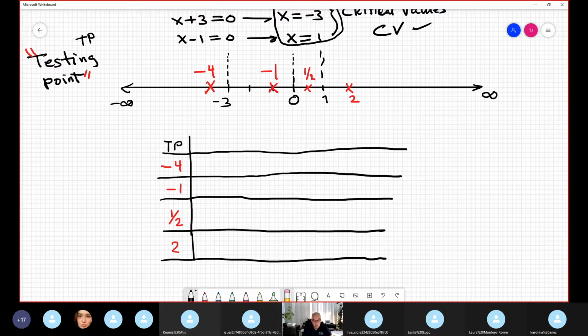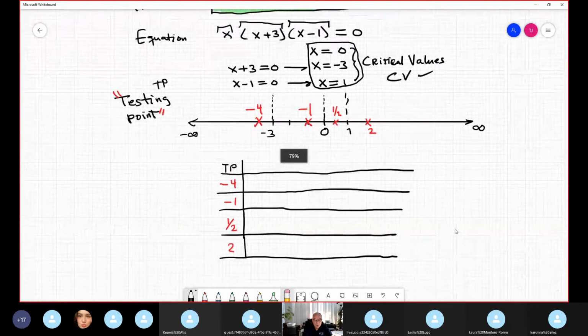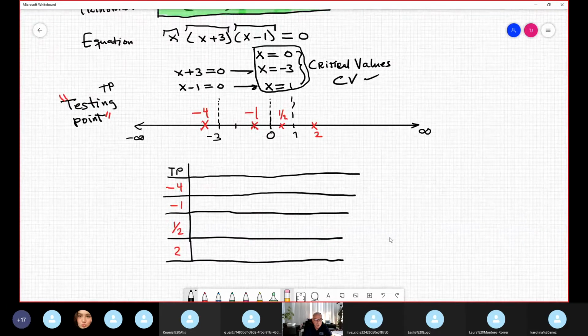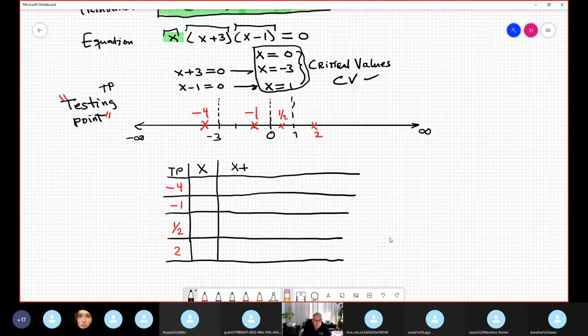What about the columns? Well, the columns are exactly the same as the factors that we have in the original problem. In the original problem we have x. Look, x. Where does this x come from? This factor. We have another factor that is x plus 3. Okay.